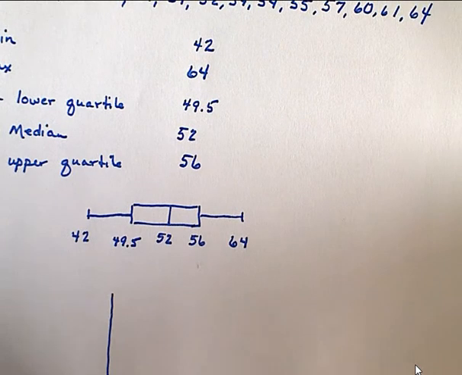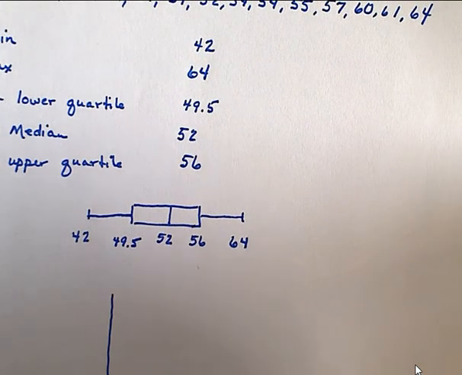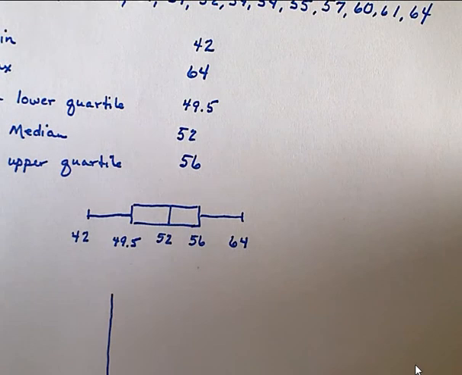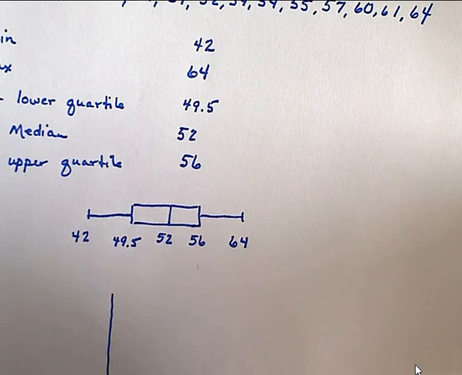So here's my graph. Along the bottom, here they labeled, well, they started actually right here because this was the smallest, okay?